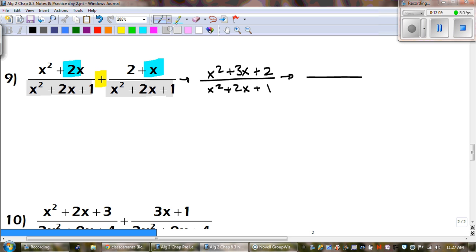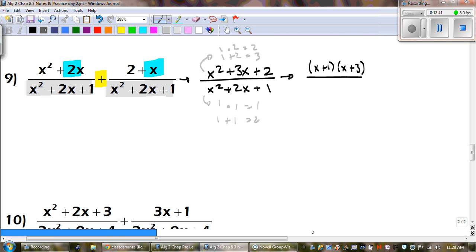All right, let's break it down. So on the numerator, we're looking for numbers that multiply to get to 2 and add to get to 3, which ends up being 1 and 2. So we get x plus 1, x plus 3. What about the bottom? On the bottom, we're looking for numbers that multiply to get to 1 and add to get to 2.